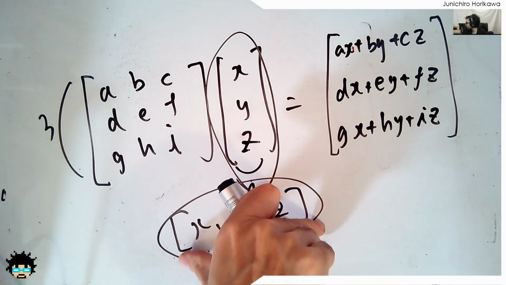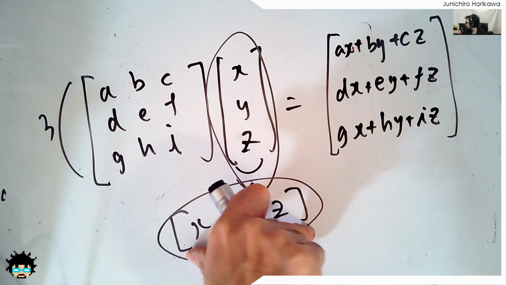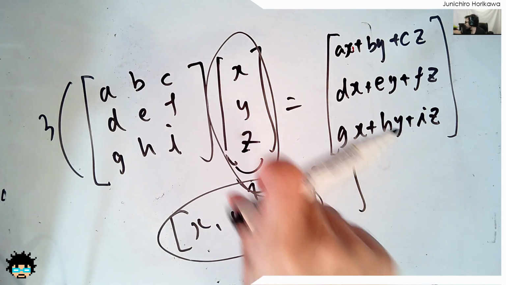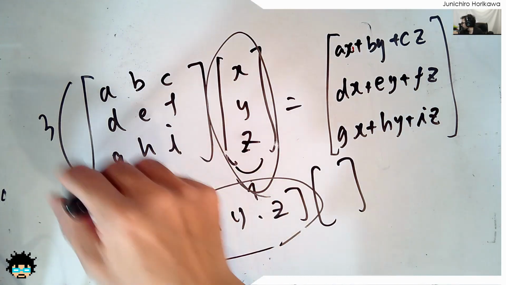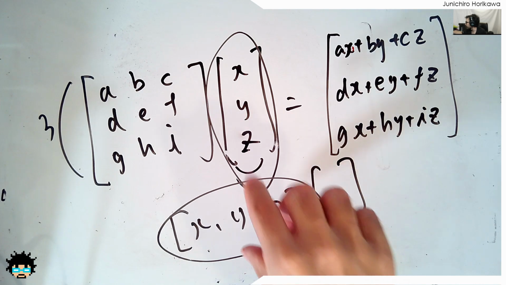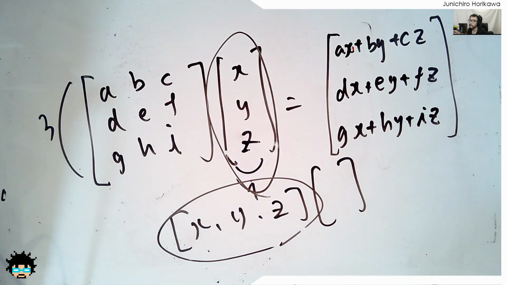If you use row-based vectors, you multiply vector by matrix. If you use column-based vectors, you use matrix multiplied by vector. So you have to remember which one is used for the language you're using in order to do the correct transformation.